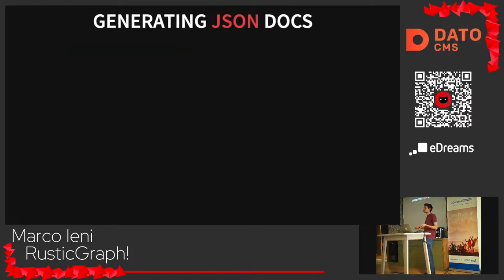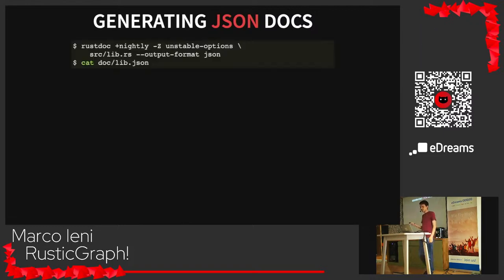Well, it turns out that with Cargo, you can also generate your documentation in a machine-readable format, which is JSON in this case. It's not stable, but it kind of works. You need the nightly compiler, and here I run this command to generate the JSON description of my lib.rs file.